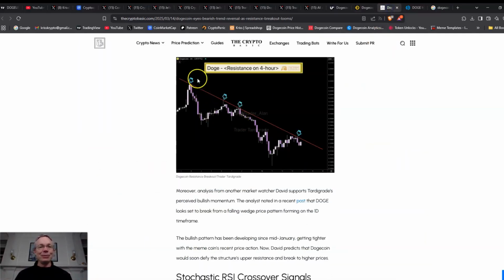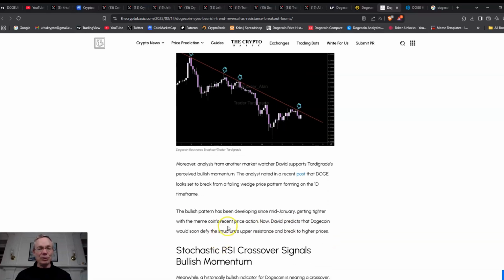And here's another one. Looking at Doge resistance on a 4-hour chart. Downward resistance. Are we about to break through that? So there is bullish momentum from this, and that Doge looks set to break from a falling wedge price pattern. And bullish pattern has been developing since mid-January, getting tighter with the meme coin's recent price action.